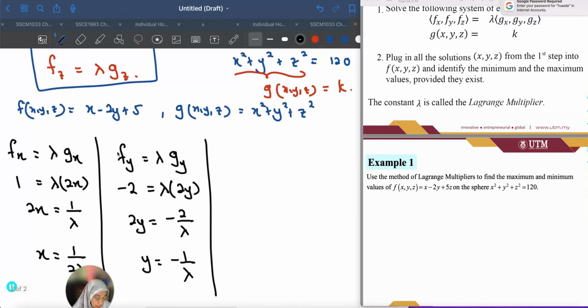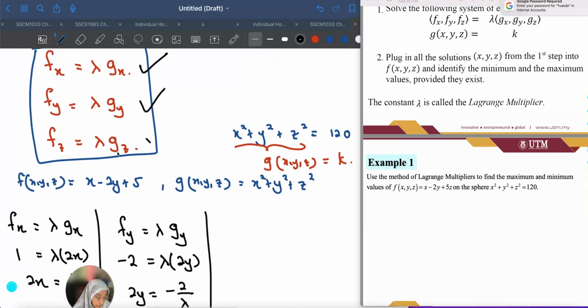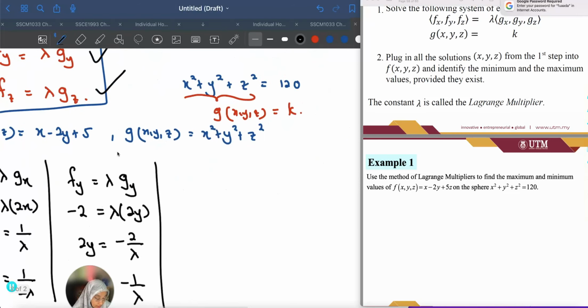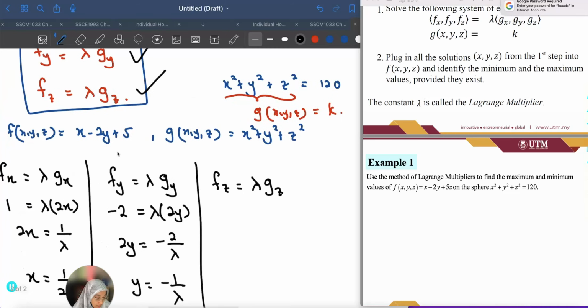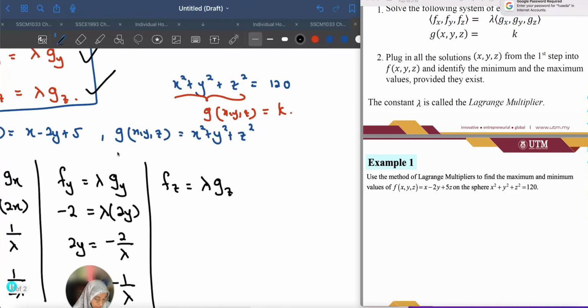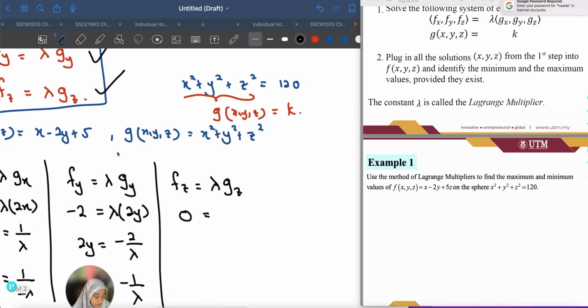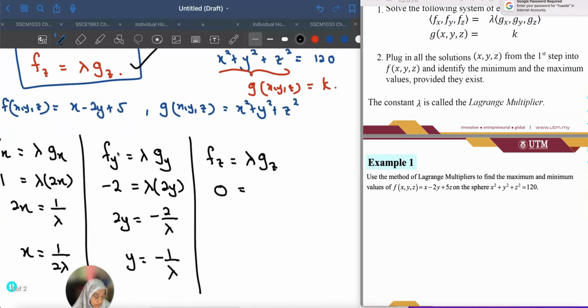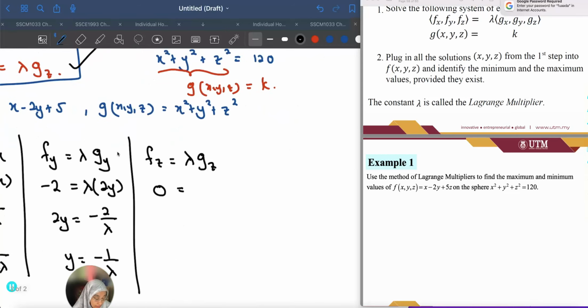And then the third one. We are done with the second, now we move to the third one, fz equal to lambda gz. Fz is, z is 0. Okay, lambda gz, gz is 2z.